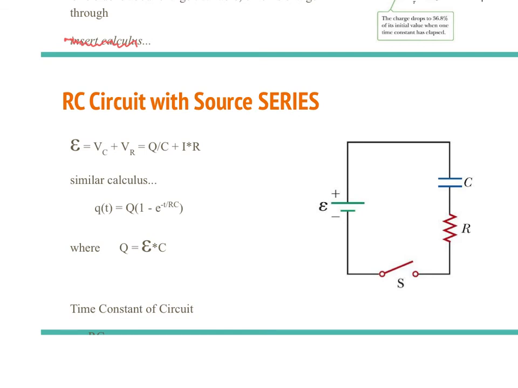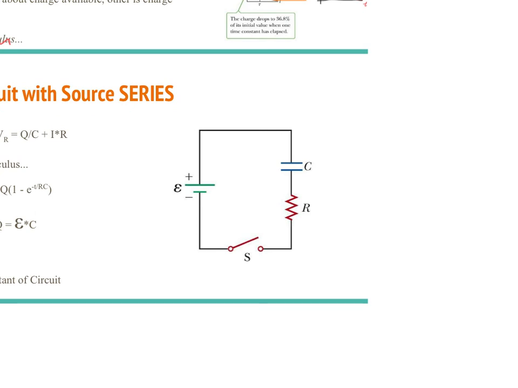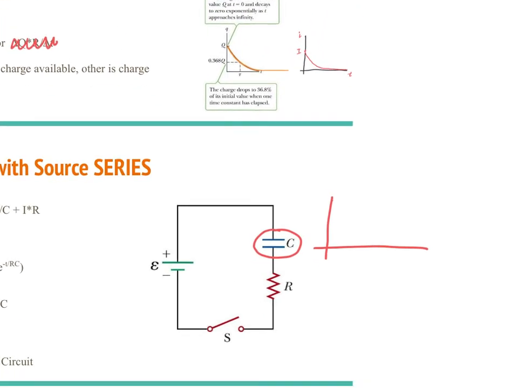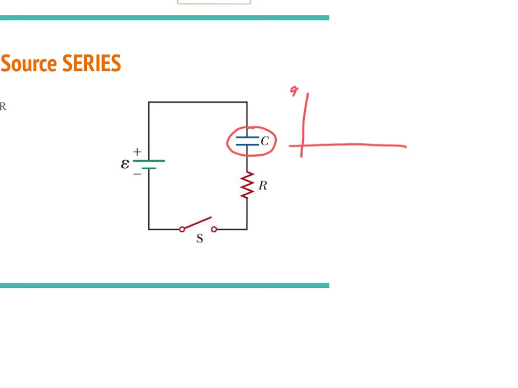So the charge in the capacitor is going to be increasing, and it's going to be kind of a flip of what we had above there. The charge, as a function of time, is going to exponentially approach some maximum value. And that maximum value that it is exponentially approaching towards is Qmax.